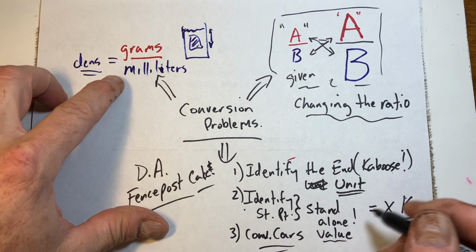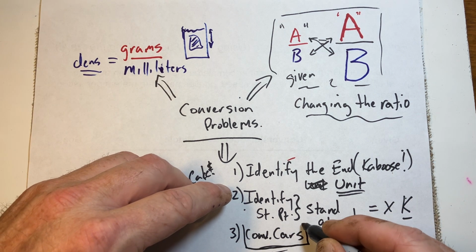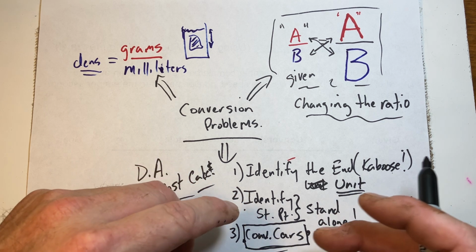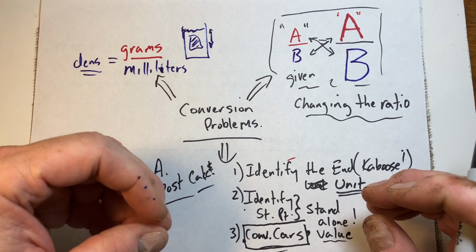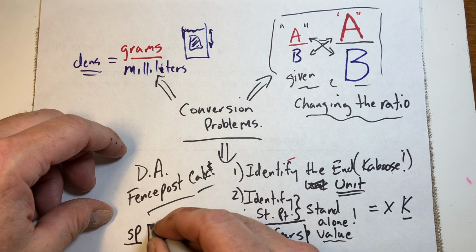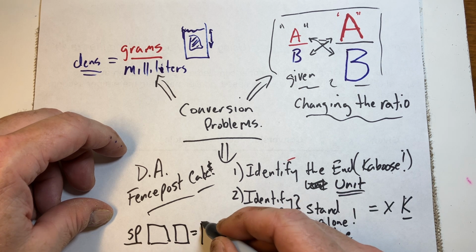You'll want to look for in the reading, anytime you see a ratio, something that says per this or that, that's a conversion car, and you can link them up between the beginning and the end. So in the end, you're going to have a starting point. You're going to have these conversion cars. You're going to put an equals, and you're going to have your end point.